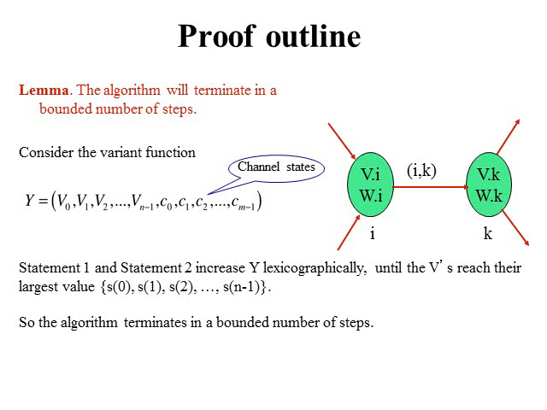Since the number of processes in the system is finite, it is going to take a finite number of steps to collect all these states. This is the premise used for proving this lemma, and hence the algorithm is going to terminate in a finite amount of time, or in a bounded number of steps.